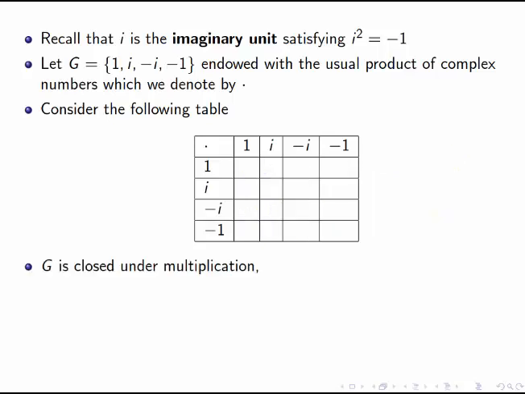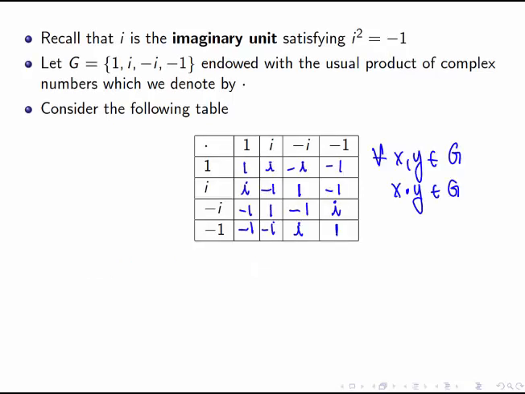Now, you can see also that every element has indeed an inverse, right? And the way to see it is to go here and look at what we have. So 1 is its own inverse. Why? Because 1 times 1 is 1, right? What about i?